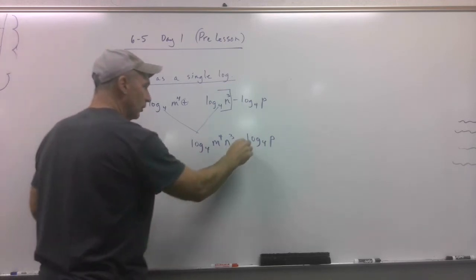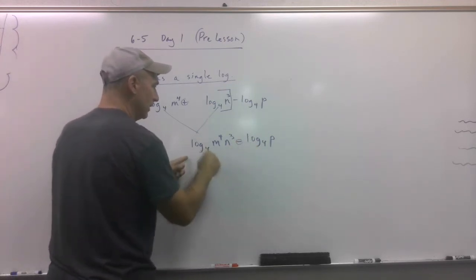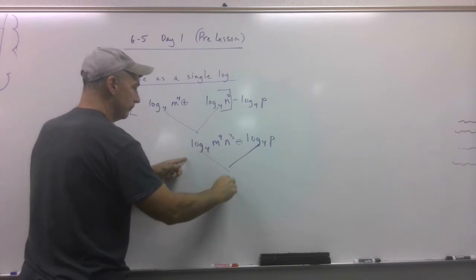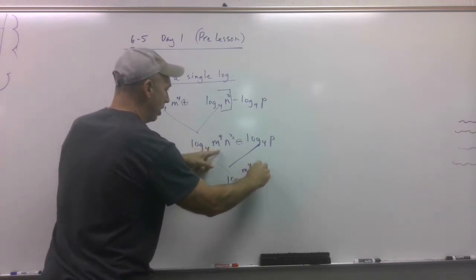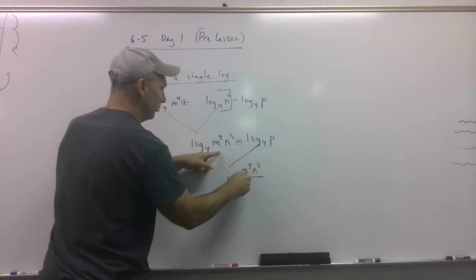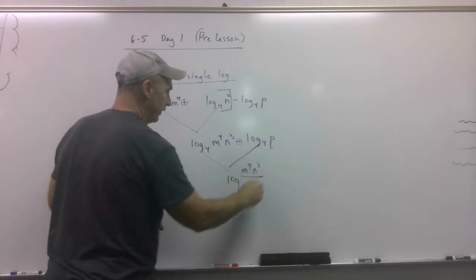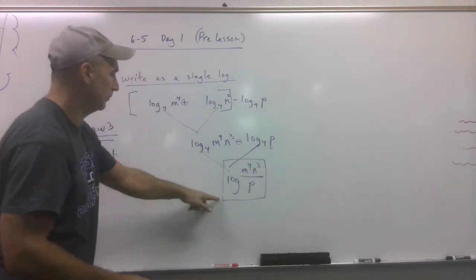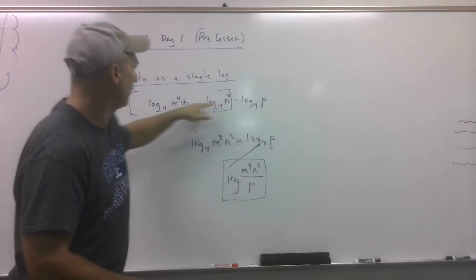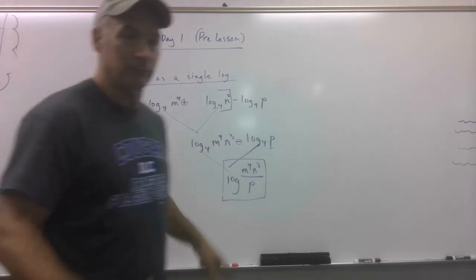Not really. What does subtraction of 2 logs mean? Well, the 2 shall become 1. This is the stuff in the top. Remember, subtraction equals division. And then this is the thing that's going to be in the bottom. And that right there is the simplified version of that crazy thing right there. We did it. One more coming.